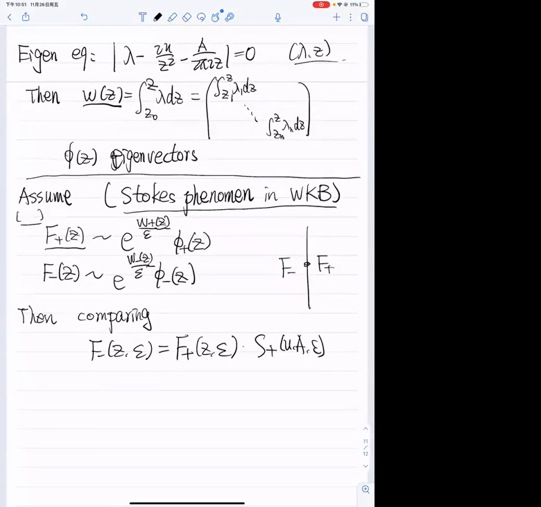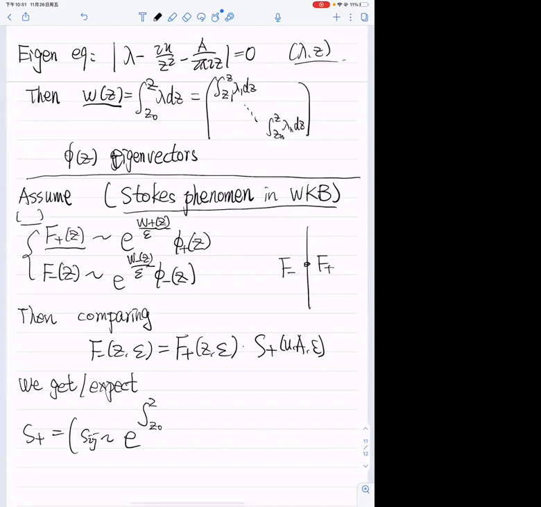If we take epsilon to 0, what we expect from this assumption is that the Stokes matrix, or each entry of it, is simply given by some periods on your spectral curve. So this is independent of z_0.